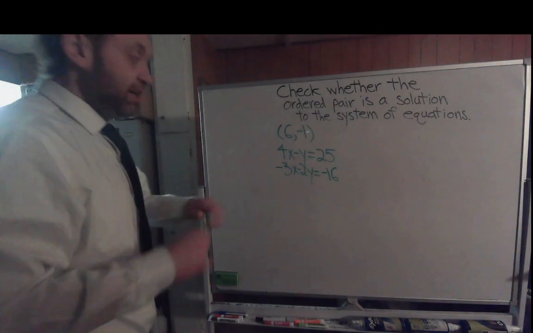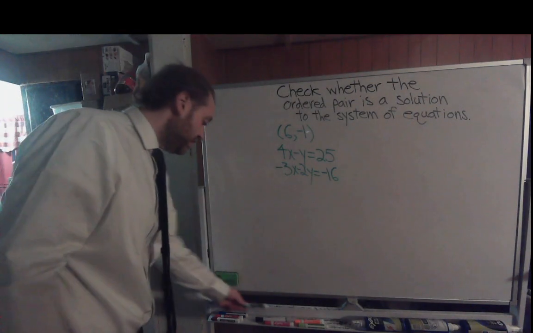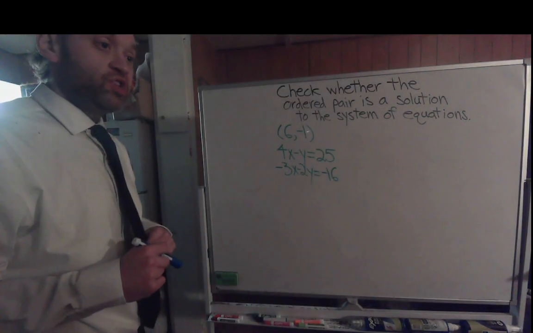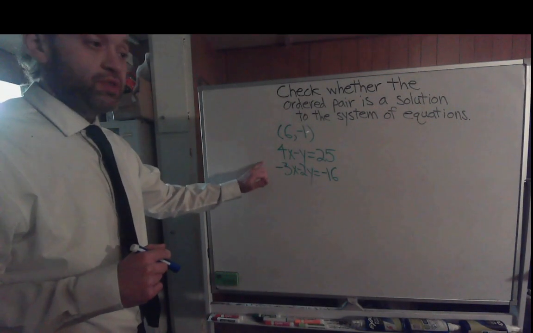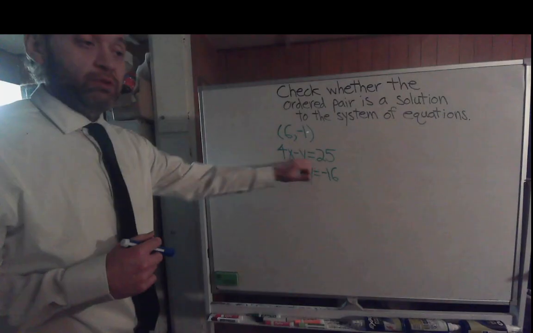So if you have a system of equations and they give you a potential solution with an ordered pair, what you're going to do to check is put this ordered pair into both of the equations. So let's start with 4x minus y equals 25.